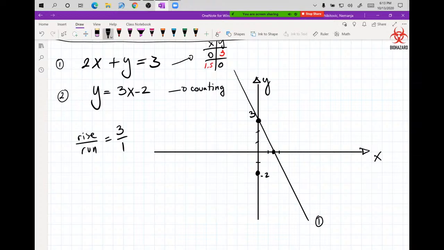So we count 3 up, 1, 2, 3 up, and then 1 over. And as you can see, that one landed immediately on the second line. So now, when you look at this line number 2 over here, you see that they intersect at 1, 1, which is the solution.